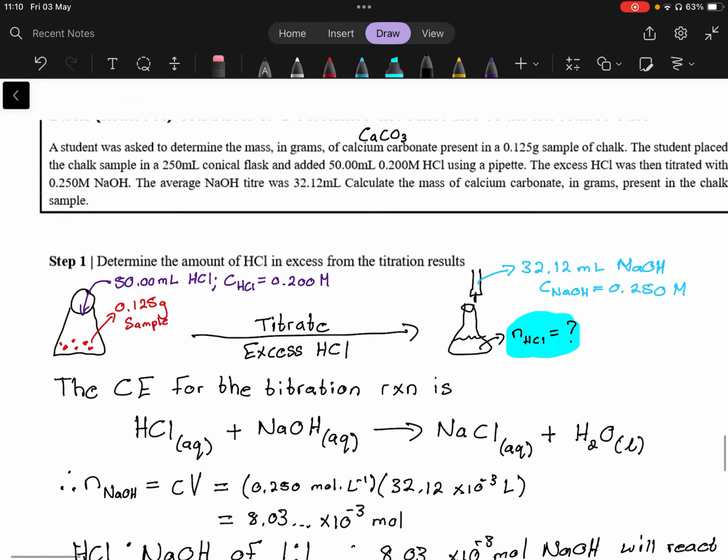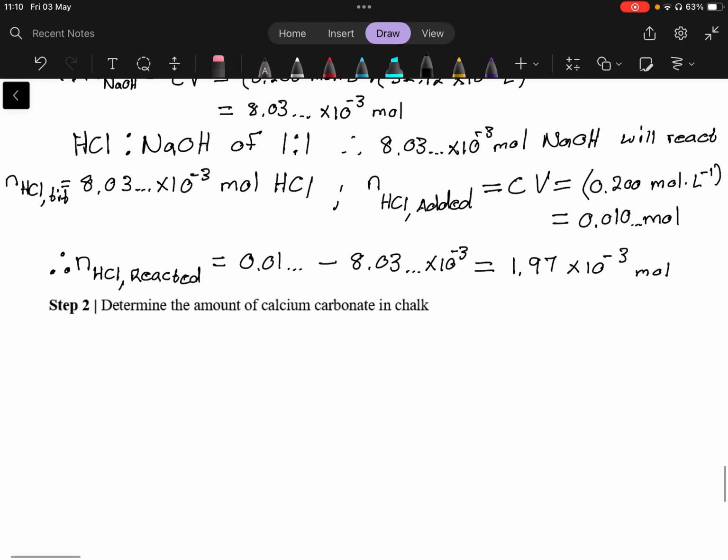And how can we relate that to the calcium carbonate? Well, we need the reaction equation again. So HCl in the aqueous state was added to calcium carbonate, also in, it's not in the aqueous state, it's in the solid state, to form, well, this is HCl with a carbonate, so a strong acid with a solid metal carbonate, that will form a salt, gas, and water.